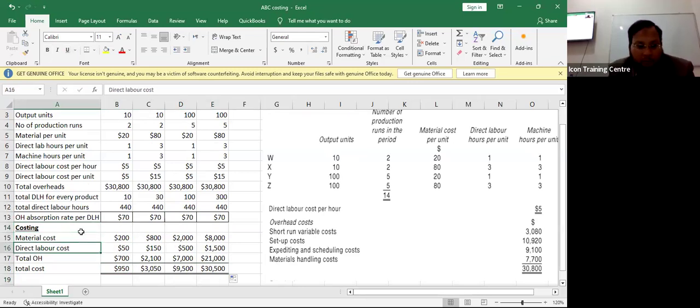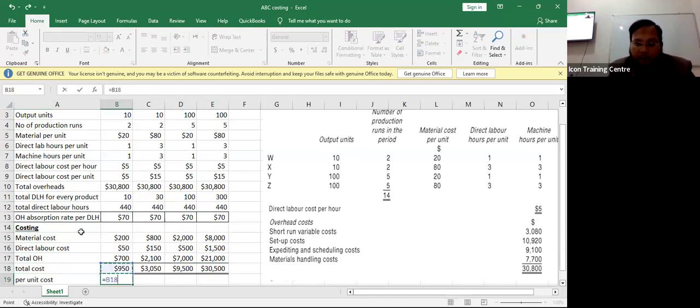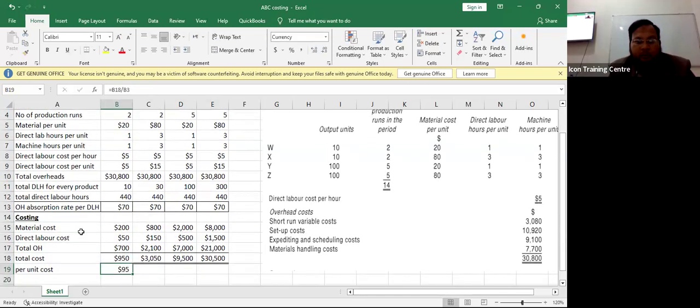And if we need the per unit cost, how will we find it? 950 divided by 10, the number of units. So it will give 95, 305, 95, 305.